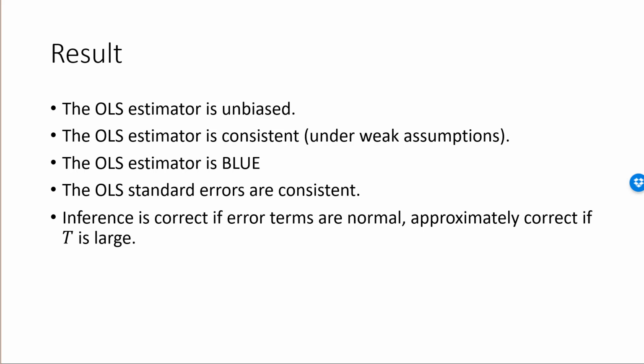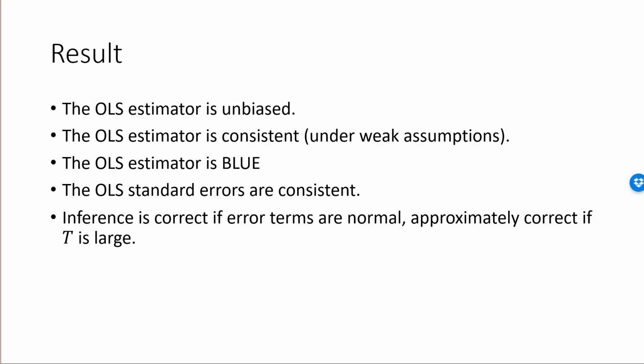And finally, that means that I can do inference. So as long as the error terms follow a normal distribution, then all inference will be exact. And if the error terms do not follow a normal distribution, the inference will be approximately correct. And the larger the sample size, the better will be the inference.